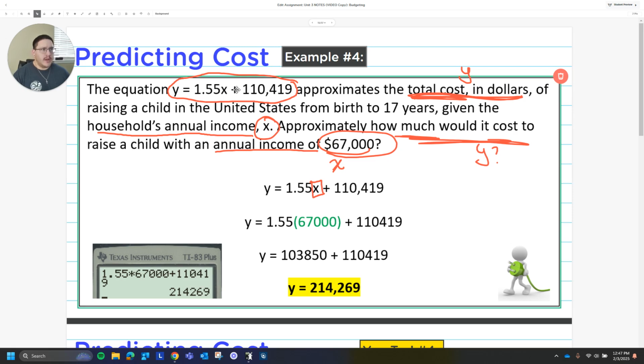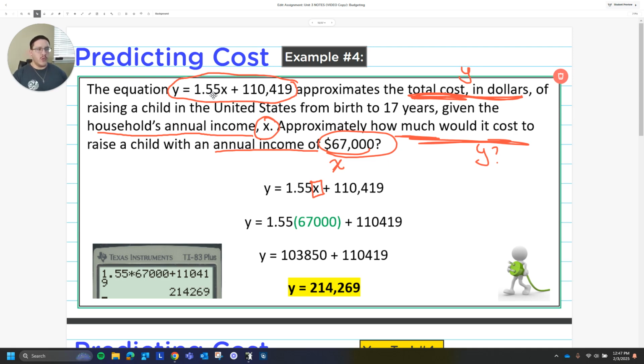Earlier, I was trying to interpret what this equation meant, and I think I figured it out. 1.55 is the increase for the amount of money you make. And if you make no money, then all you would have to worry about is $110,000 to raise a child. Well, because you make no money, more than likely, you don't have a lot of expenses.